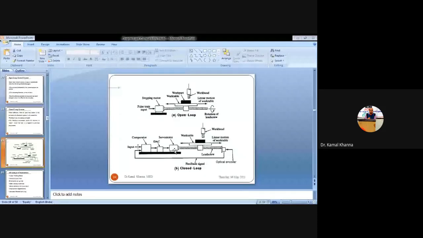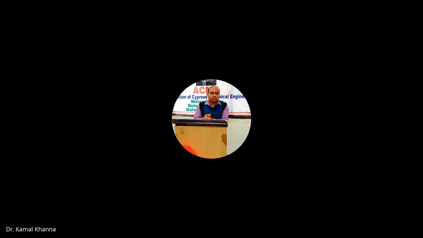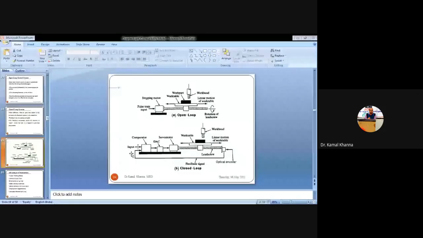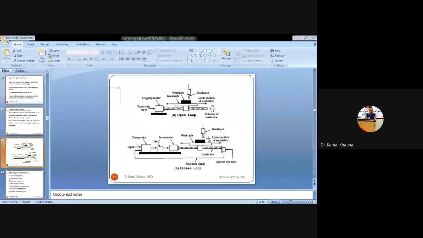So you can see this is a closed loop system where we have a servo motor getting power from the power source, and the workpiece table. We are performing the same drilling operation on the specimen, which is fixed, and the operation is performed right at the axis of the specimen, with the drilling machine and the specimen at right angles to each other.